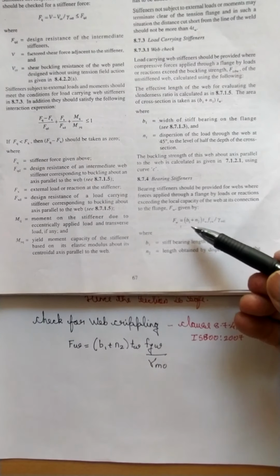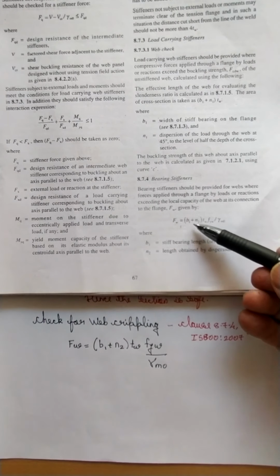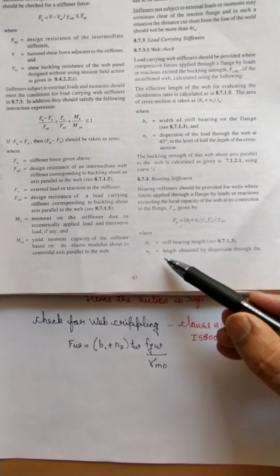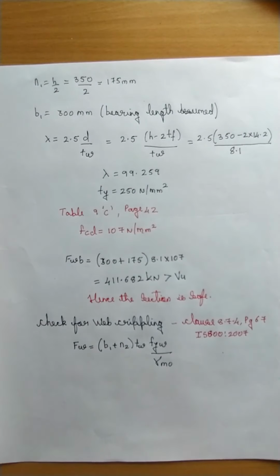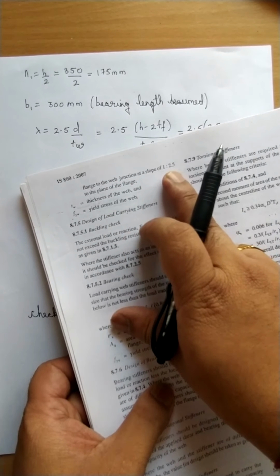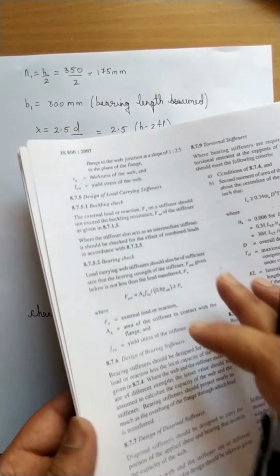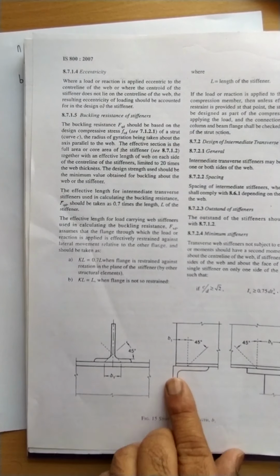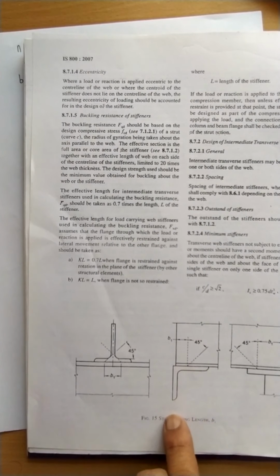B1 is again the same, that is the bearing width which we have taken as 300 mm. N2 is nothing but the length obtained by the dispersion through the flange to the web junction at the slope of 1:2.5 to the plane of flange. Now that has been given here. So how to calculate is with respect to this.